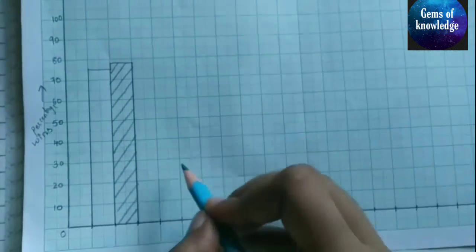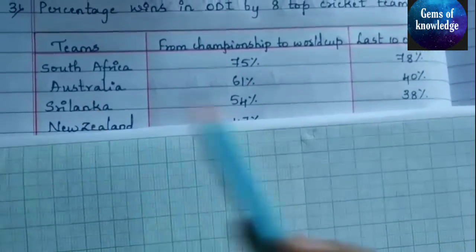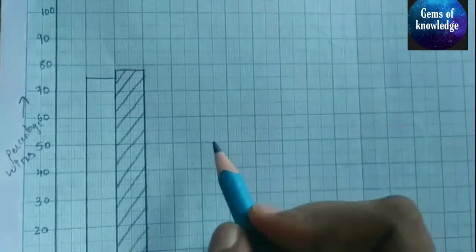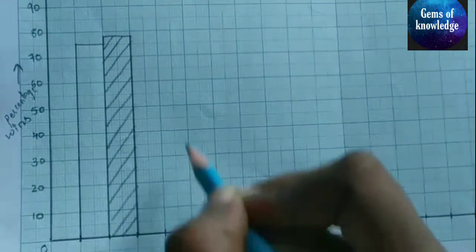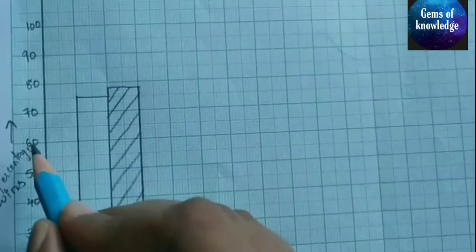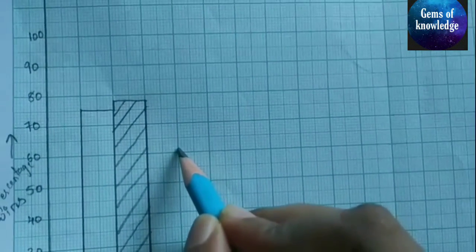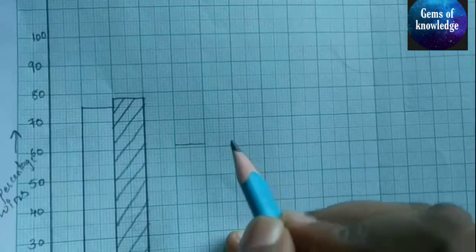Next, the second team. Which was the second team here? Australia. It has taken 61%, and here it has taken 40%. So here we have to use 61%. We have to leave one gap here, and use 61%. You can see 60 is given, and the line just above is for 61%.